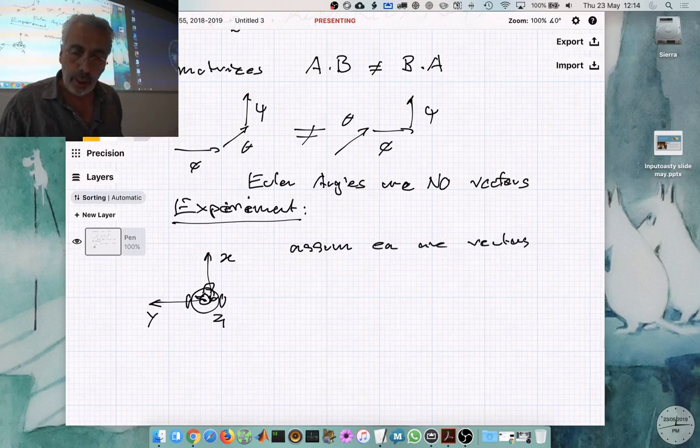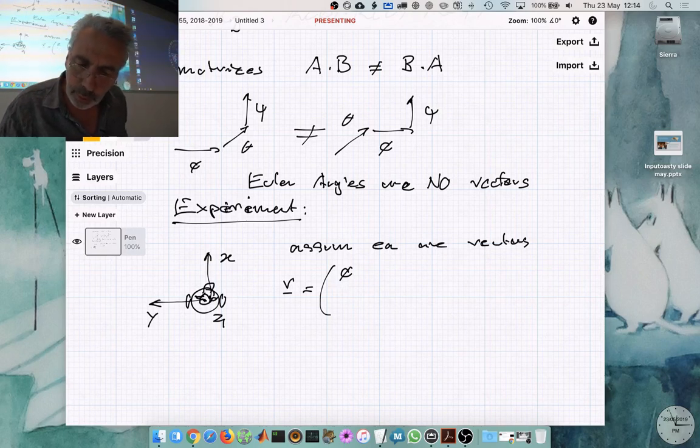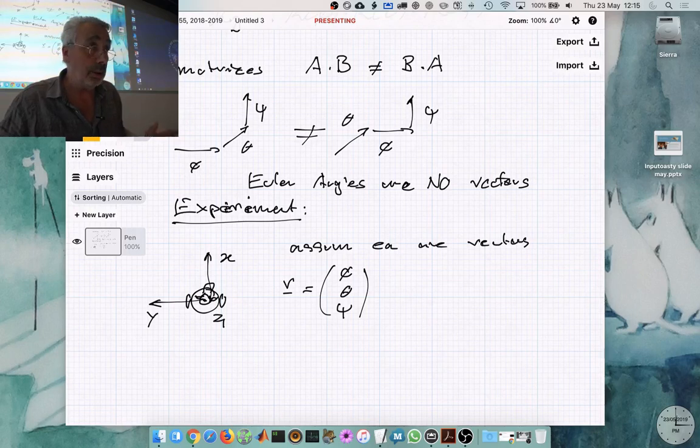And then I have one Euler angle vector. I just order them. The first I call phi, the second theta, and the last one is psi. That's how I call my Euler angles. So then V1, the first rotation, what did I do?